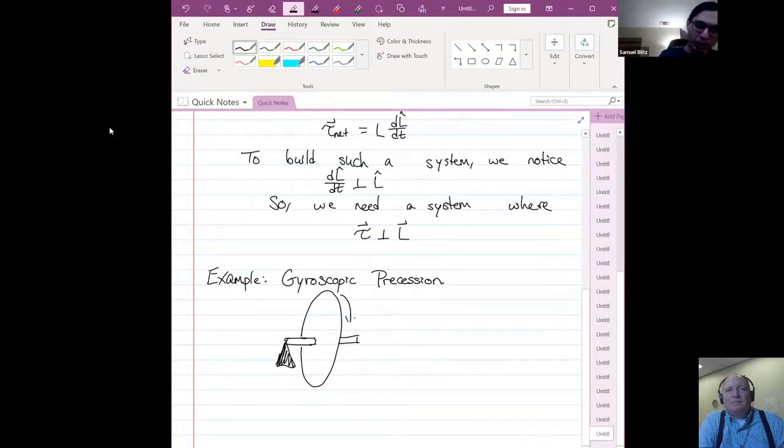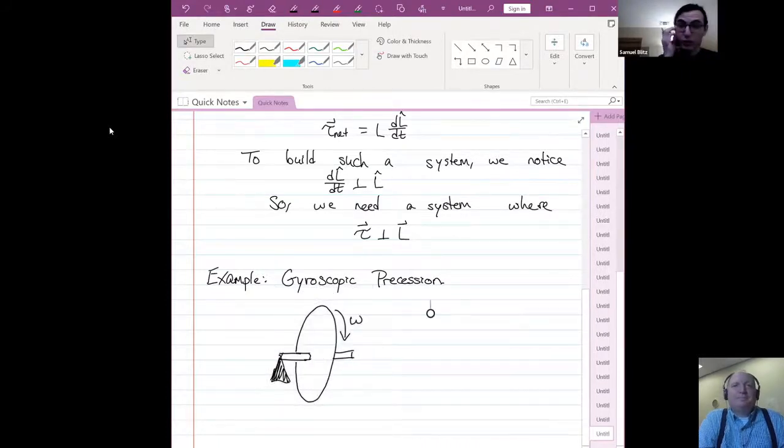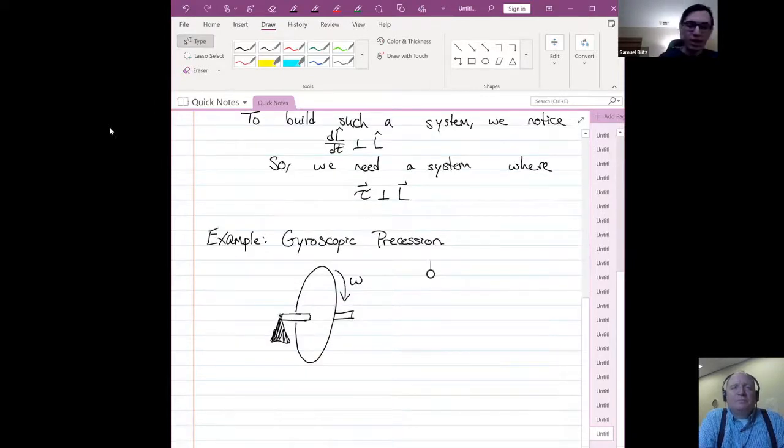The wheel is spinning maybe this way with some angular speed omega. Cool. And there's a few forces at play. First of all, there's going to be a force on the center of mass of the wheel due to gravity. It's a force straight down.